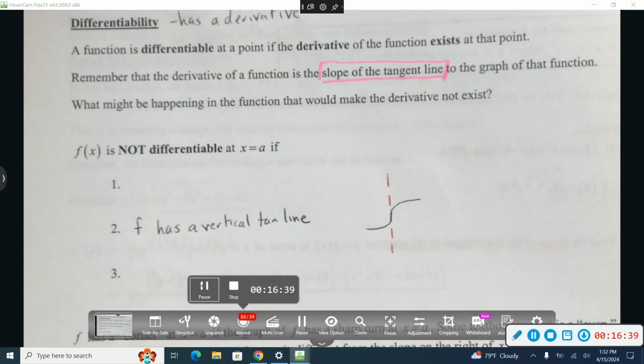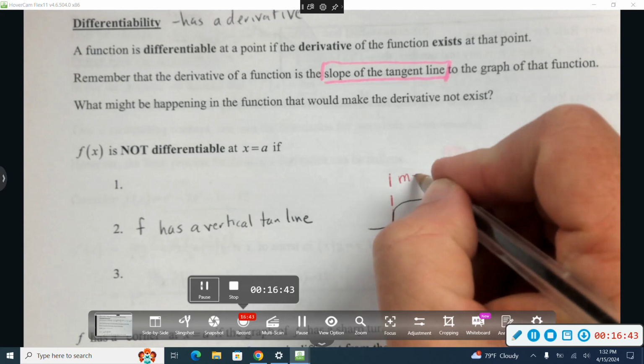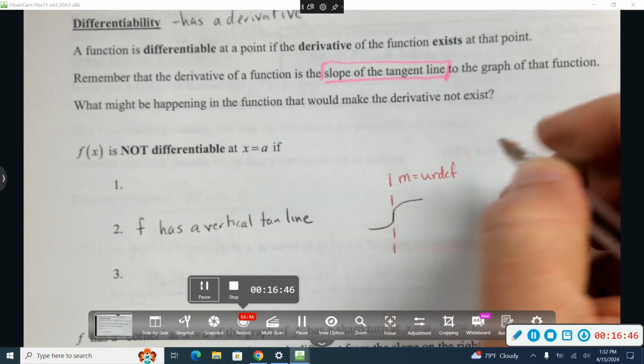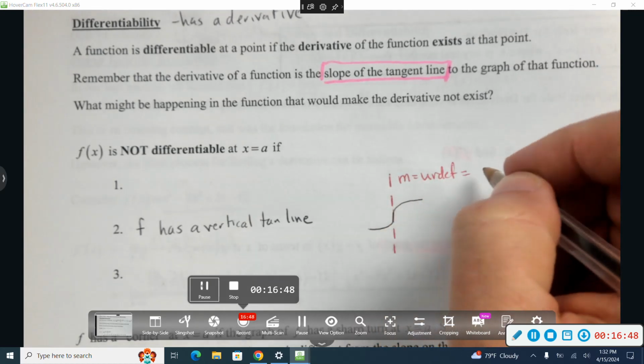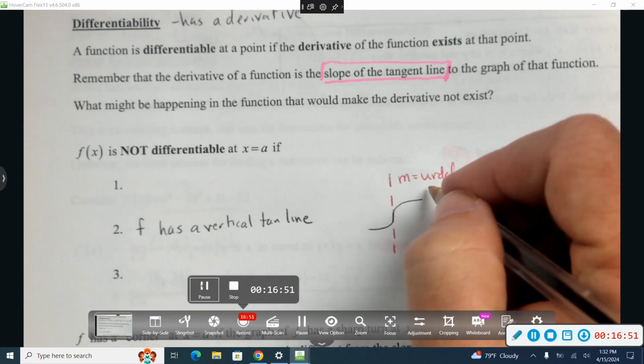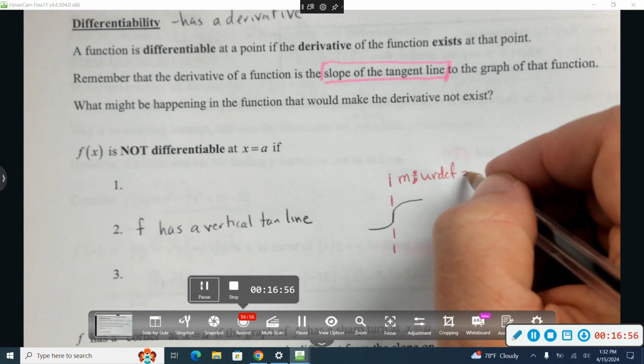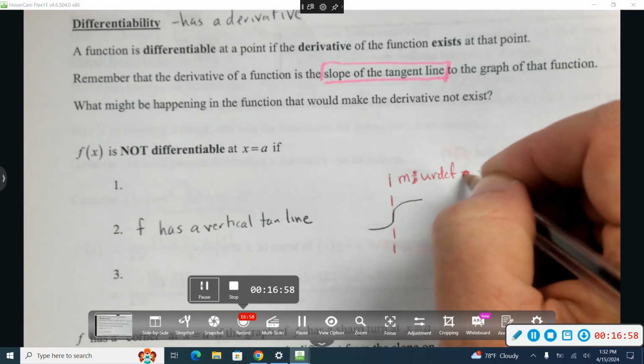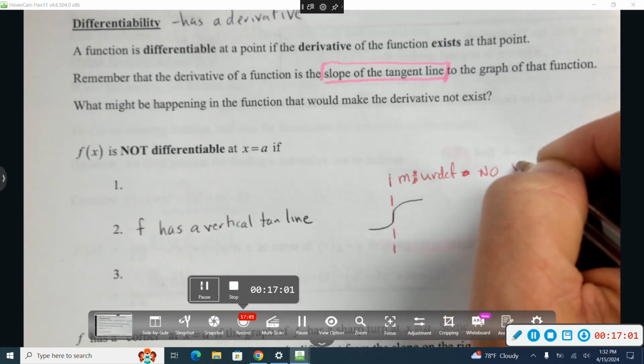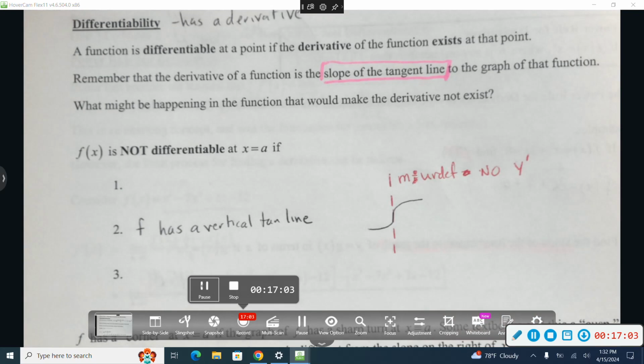So the graph exists, there is a tangent line, but it's vertical, meaning the slope is undefined, like you guys said. And if the slope is undefined, then dy/dx is undefined. No y prime. So that one's kind of tricky because there is a tangent line, but if it's vertical, there is no slope, which means there is no derivative because slope and derivative mean basically the same thing.